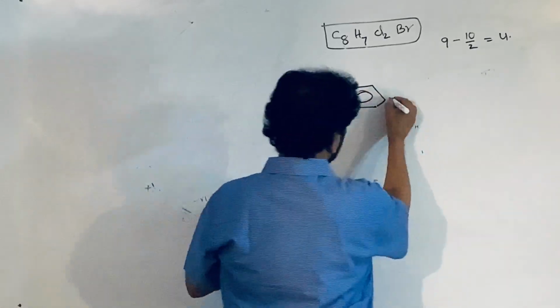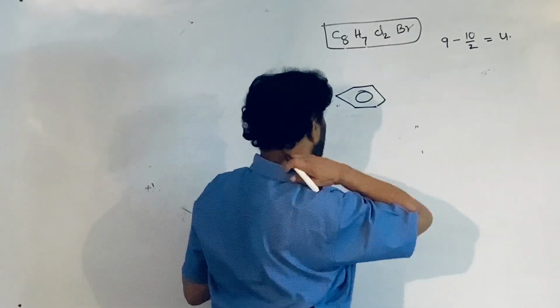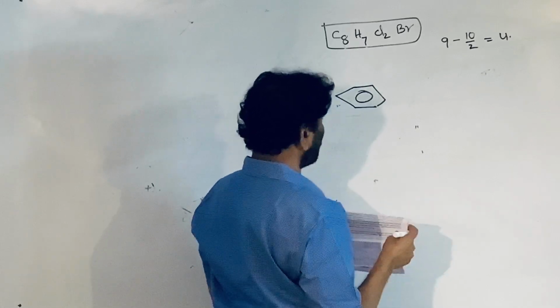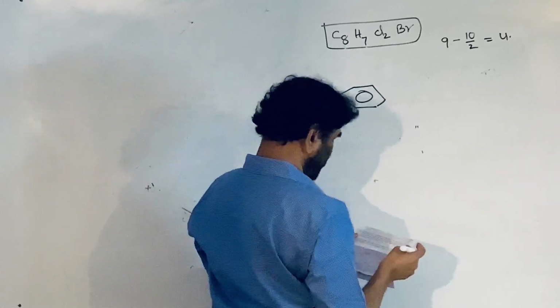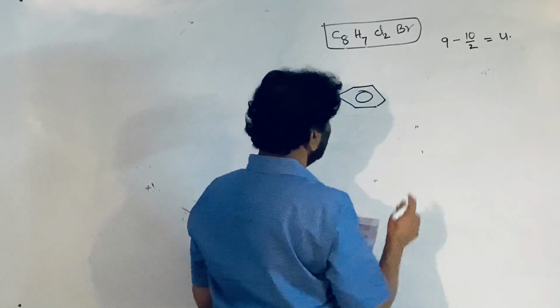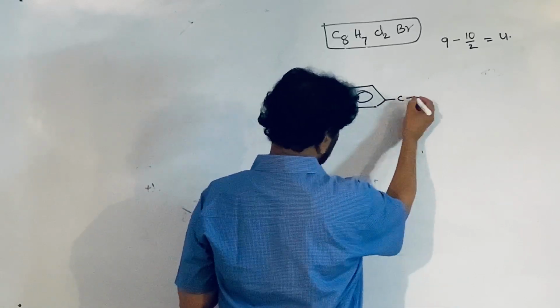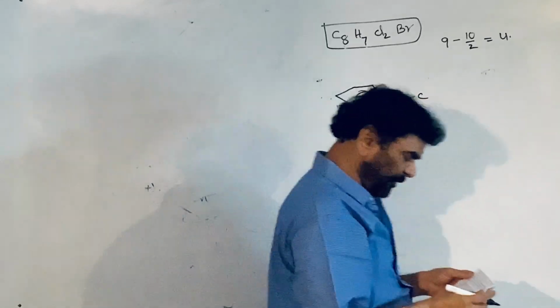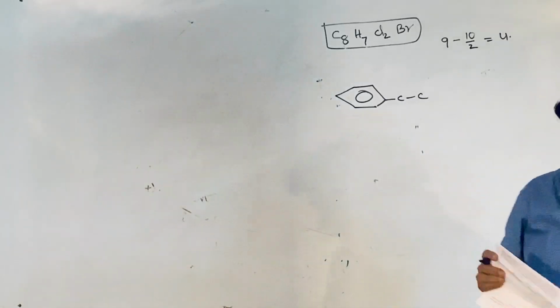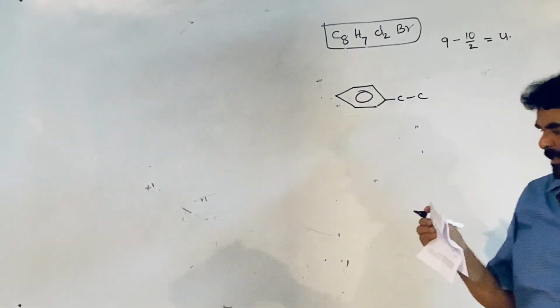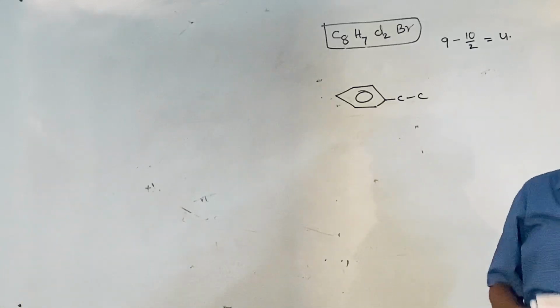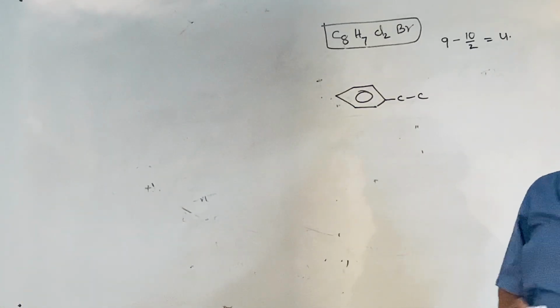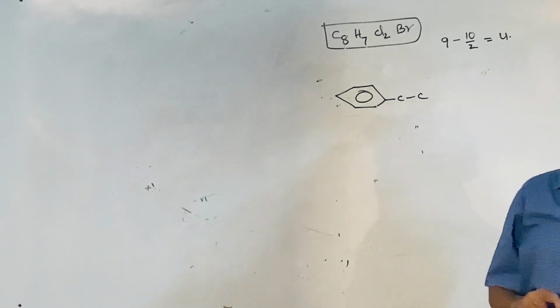The leftover are 2 carbon atoms. Let me write it in any form. On treatment with alcoholic silver nitrate solution, a pale yellow precipitate is formed, insoluble in HNO3.